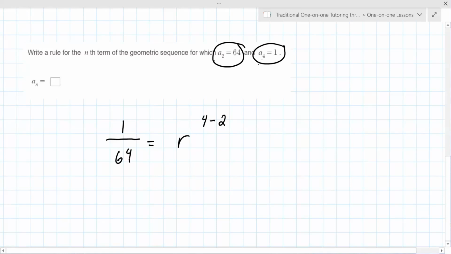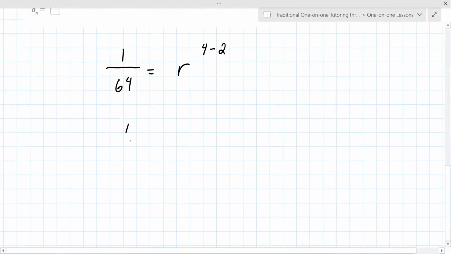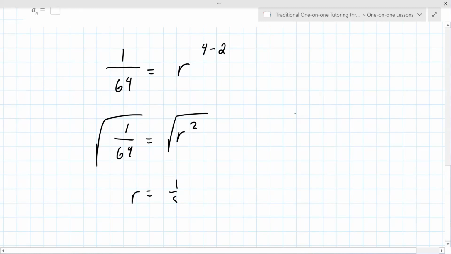In the previous problem, this was a nice number. Now it's a fraction. Unfortunately, there's not a way around that. So this simplifies to 1/64 equals r squared. If you recall, you undo a square with a square root. So r is 1/8.